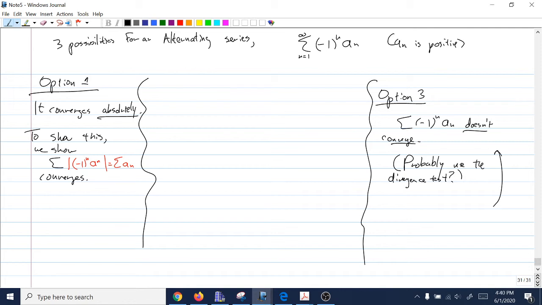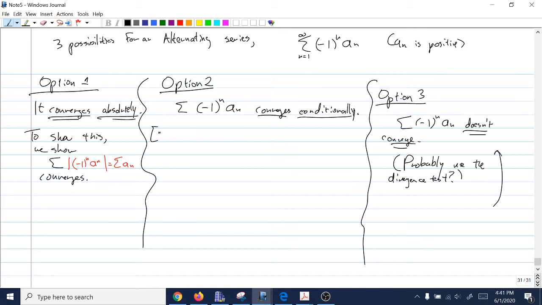The middle option is the hardest. So this is where it doesn't converge. This is where it converges absolutely. Option 2 is when it converges conditionally. The definition of converging conditionally is that it converges, but it doesn't converge absolutely.